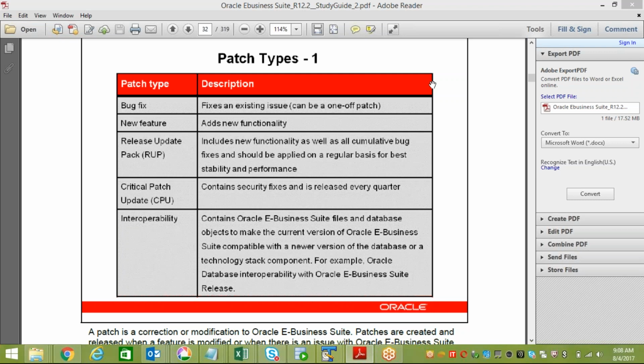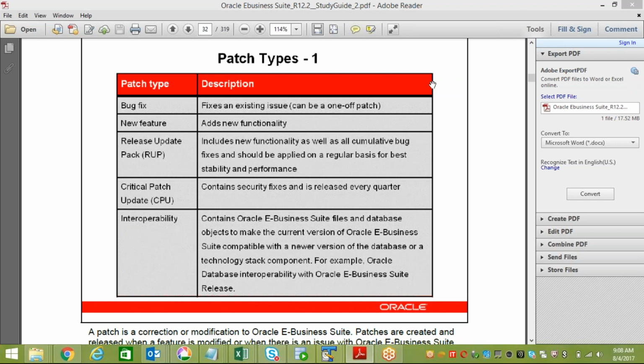Next, interoperability patches. It contains the e-business suite files and database objects to make the current version of e-business suite compatible with the newer version of the database or a technology stack component. For example, Oracle database interoperability patch with the e-business suite release. If any major changes happen to the database, or to the operating system, to make it sync with the application, they will be introducing the interoperability patches.